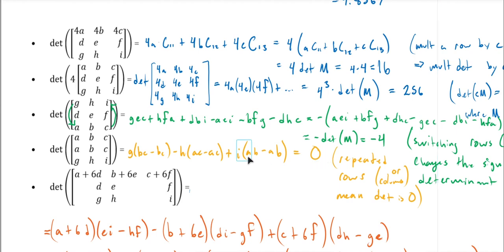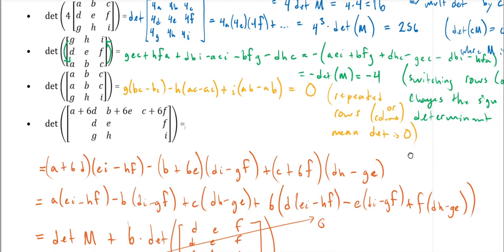But that would just be 0 in each case because we would have a difference of 2 like things. This means that if any 2 rows, or for that matter any 2 columns, are repeated, the determinant will be 0. That's not a necessary condition for the determinant. That is to say, there are some determinants which are 0 without repeating any rows or columns. But if we ever saw 2 repeated rows or 2 repeated columns, the determinant would be 0.